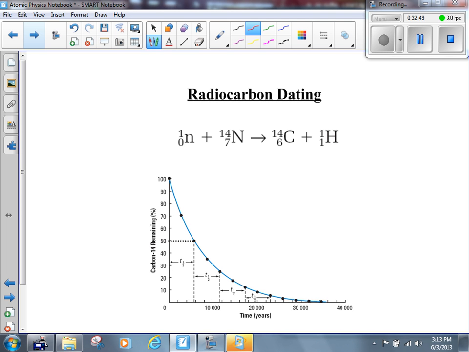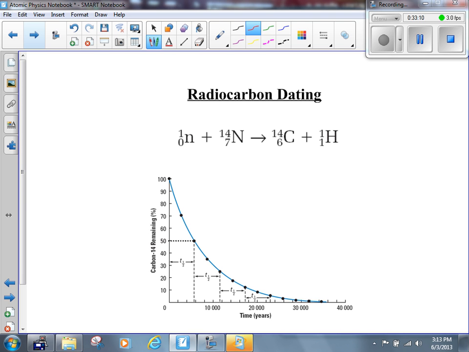The amount of radioactive carbon-14 relative to the amount of carbon-12 remains remarkably constant over the life of a plant. There are small fluctuations, but for the most part, it remains the same. Now, as soon as that plant dies, the carbon-12, nothing changes.